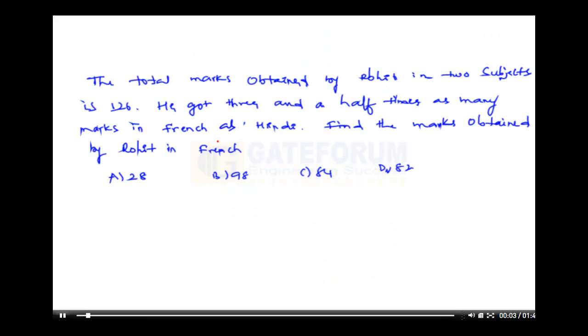Mr. Rohit obtained marks in 2 subjects totalling 126 and he got 3.5 times as many marks in French as Hindi. Now we require the total marks in French. Let the marks in Hindi be X. Already given he got 3.5 times Hindi in French.